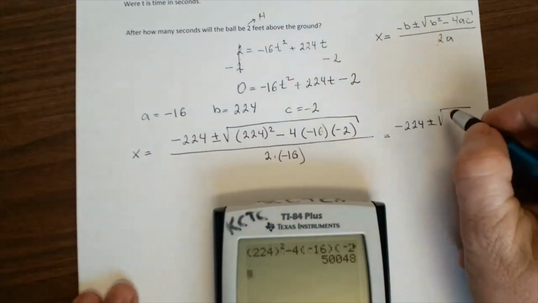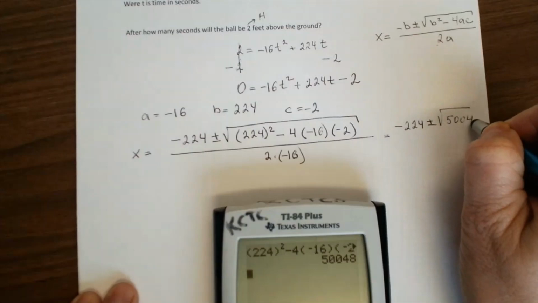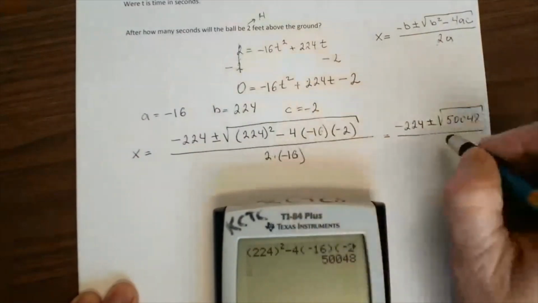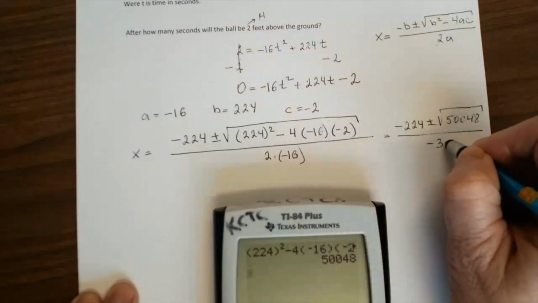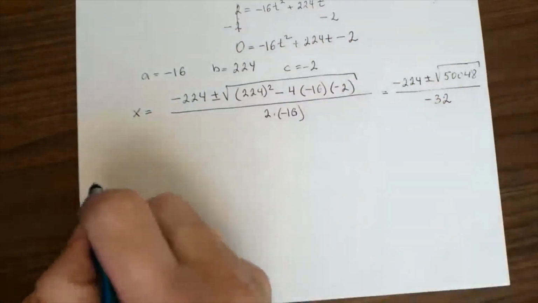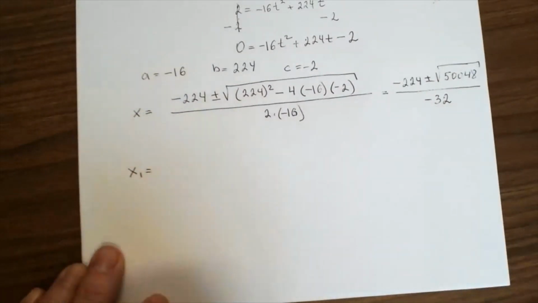And I got 50,048. 2 times negative 16 is negative 32. Okay, now we have to calculate the x value.